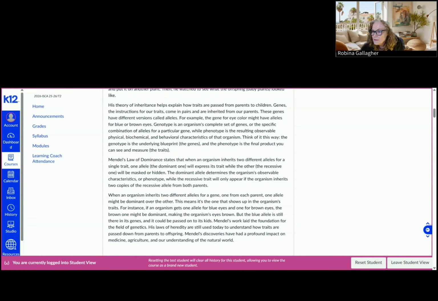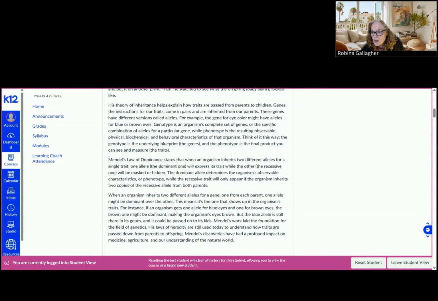Genotype is an organism's complete set of genes or the specific combination of alleles for a particular gene, while phenotype is the resulting observable physical, biochemical, and behavioral characteristics of that organism. Think of it this way. The genotype is the underlying blueprint, and the phenotype is the final product you can see and measure.